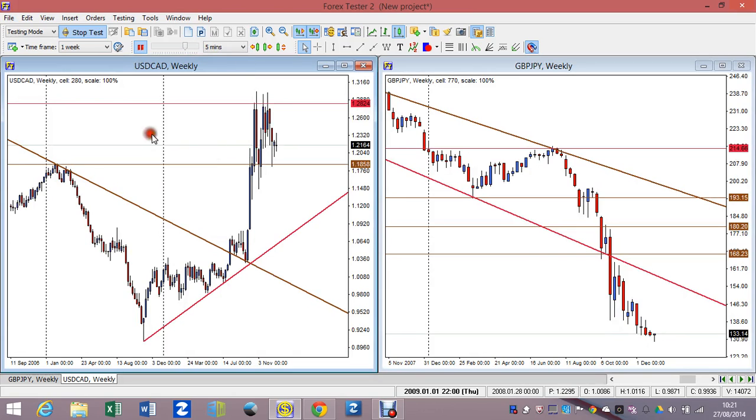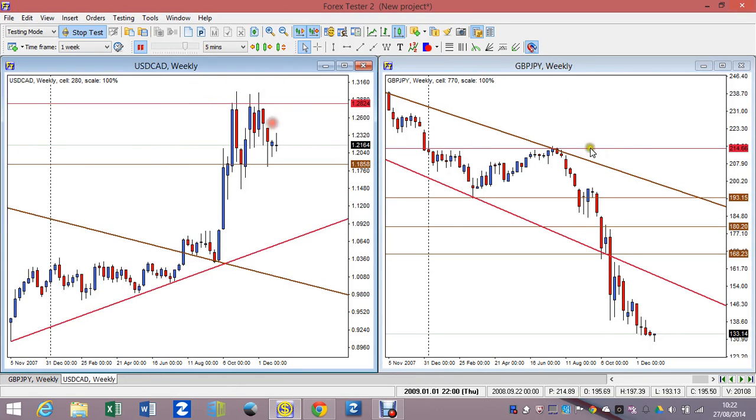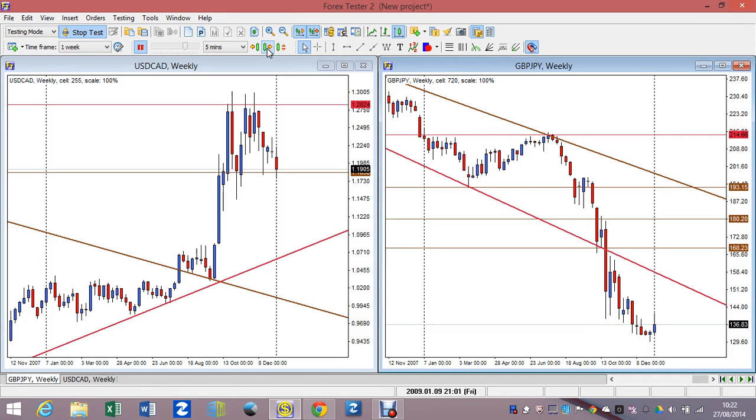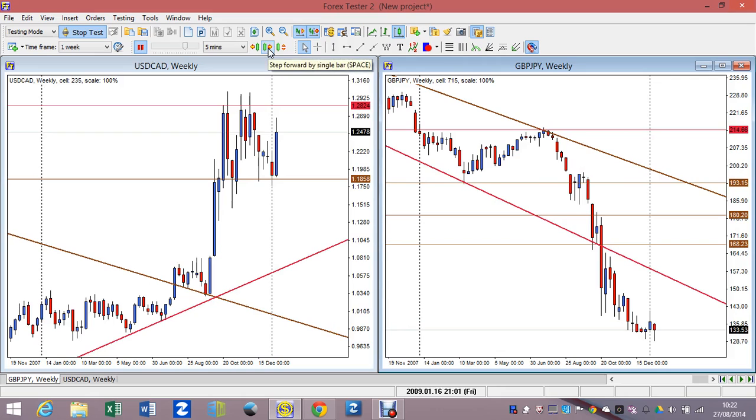Right, so looking at them side by side, let's start moving along. So pressing this button here, I just skip forward a week at a time. Okay.